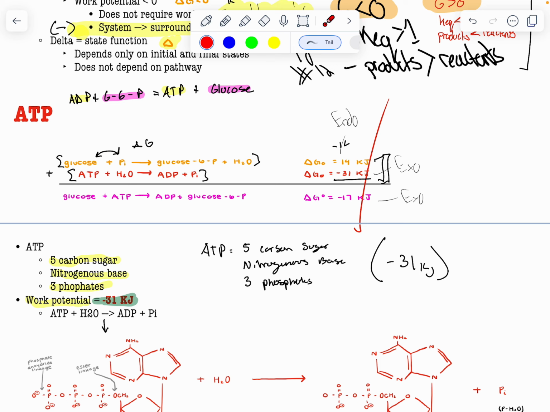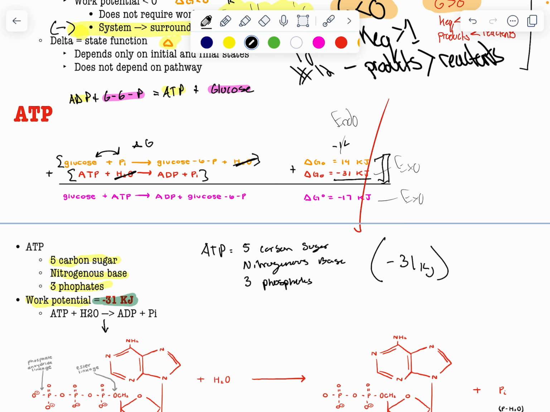And basically right here, if you want to simplify the equations and add these together, you look for similar structures on opposite sides. So like right here, we can see we have an H2O down here on ATP, and we have an H2O on the opposite side right here on this glucose transformation.